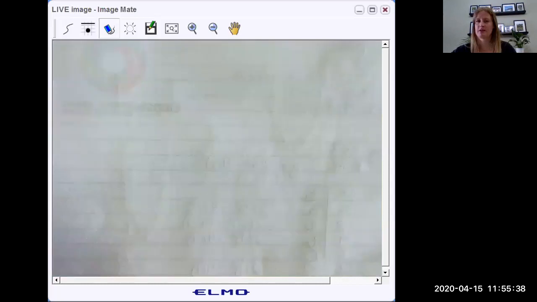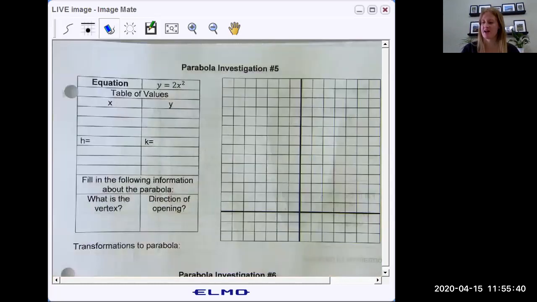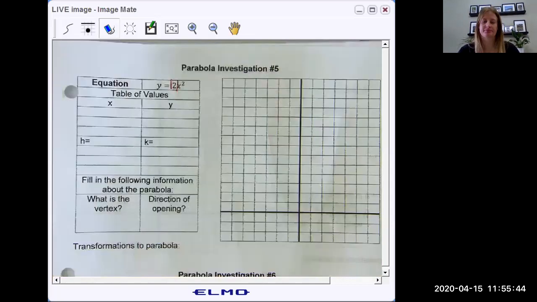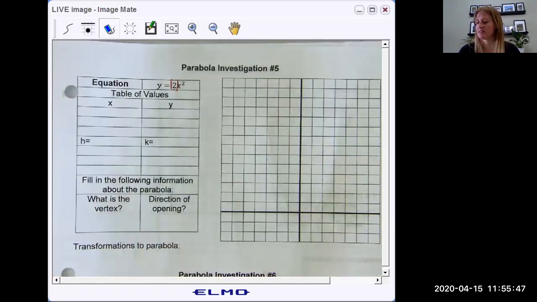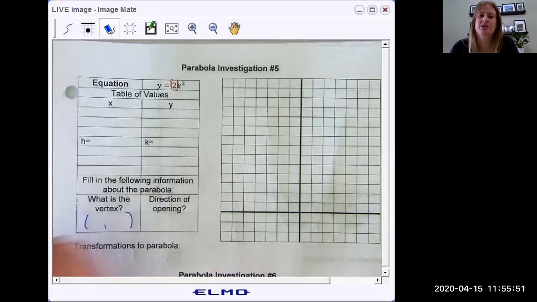Okay. Parabola investigation number 5. What's different here? Our A value. In the chat, tell me what the vertex is going to be, what the H and K values are going to be for this equation.